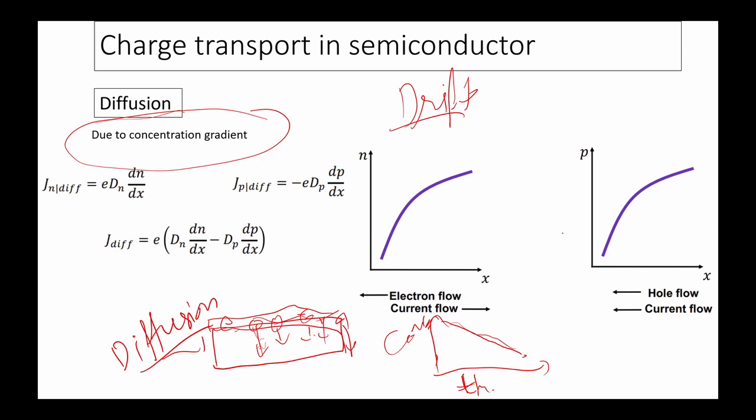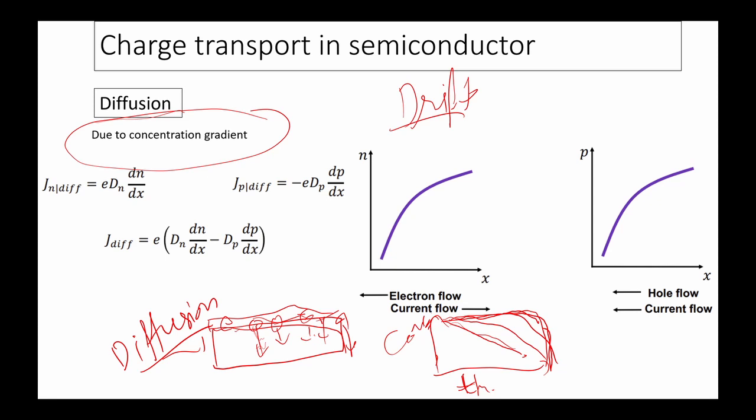But as we give more and more time for diffusion, this graph will shift like this. In this case, the whole semiconductor will be uniformly doped if we give more and more time.